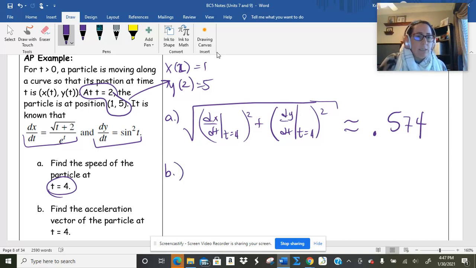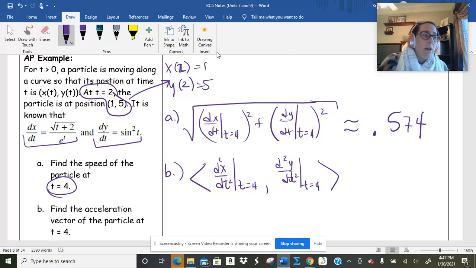Okay, B wants the acceleration vector. So now I'm going to take the second derivative at 4 and the second derivative in y at 4 and write it as a vector. So y'all, I love to take derivatives and see how pretty they are, but I am definitely going to be using the Math 8 here.